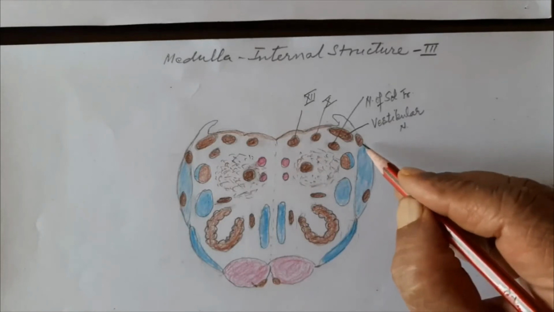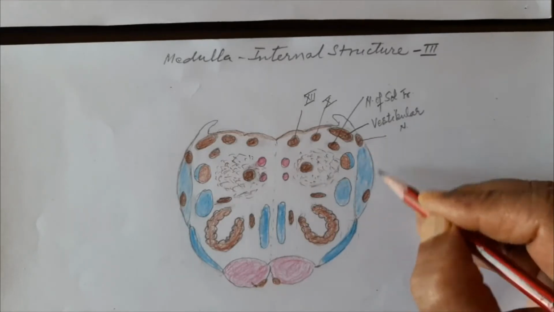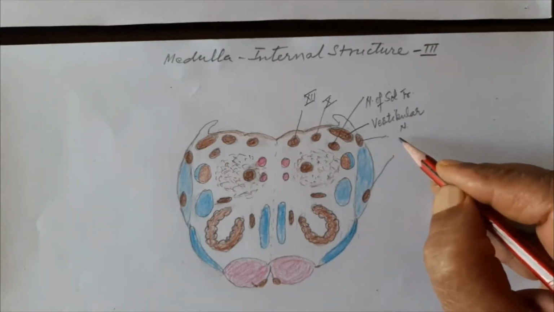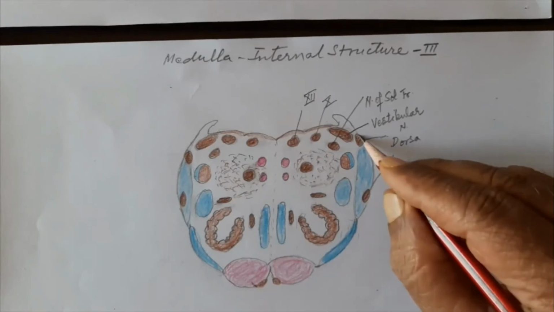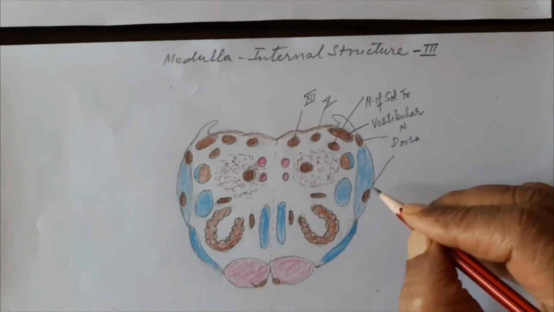You can also see these two small nuclei, the dorsal and the ventral cochlear nuclei. This one is the dorsal, and this one is the ventral.